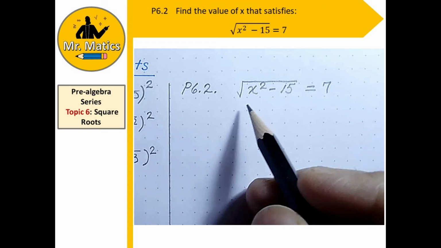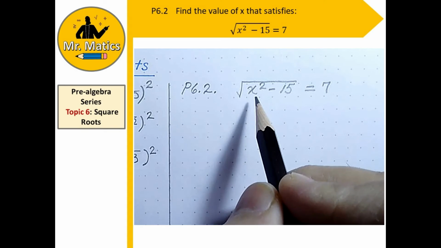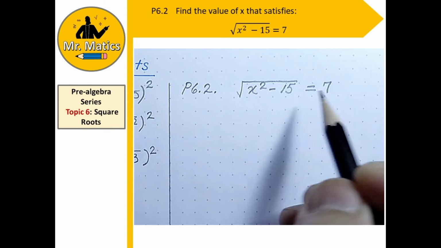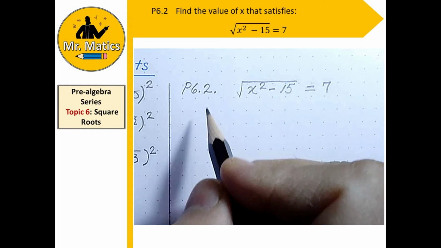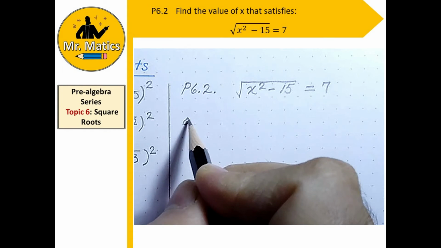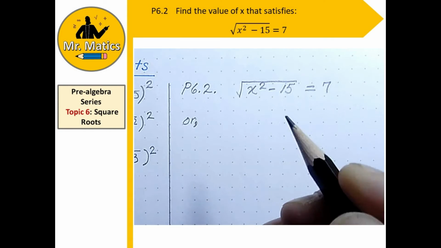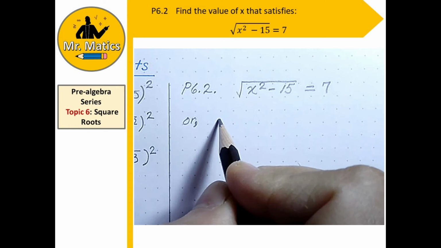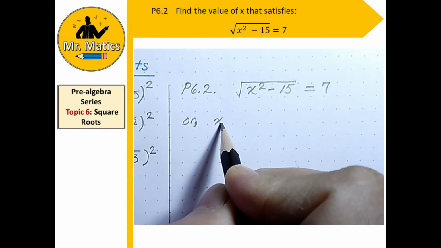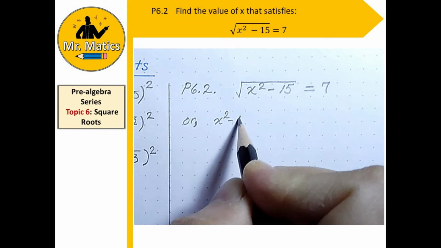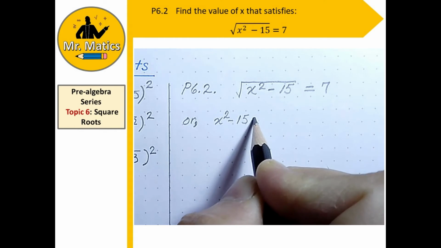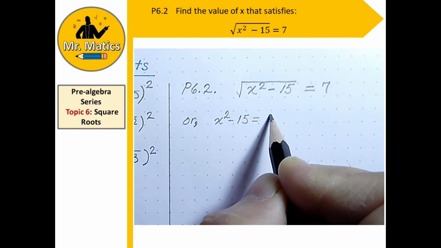Now, one way to do it is just square both sides. So if we square both sides, we get x square minus 15 equals 7 square is 49.